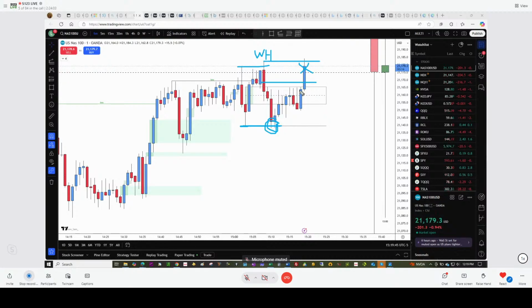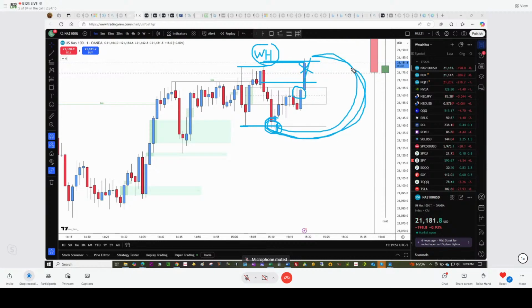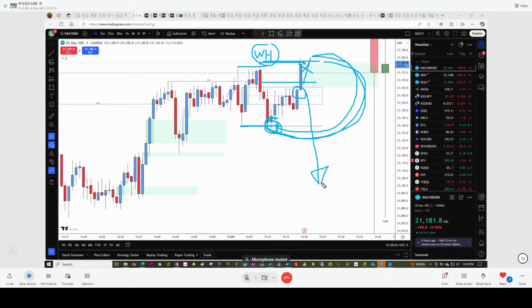Yes, you can take the trade, but you take a risk that they can take you out again because it's a weak high. That's one of the rules, and you have to be aware of that. Sometimes it works, but the probability says wait for the closure below the previous low.